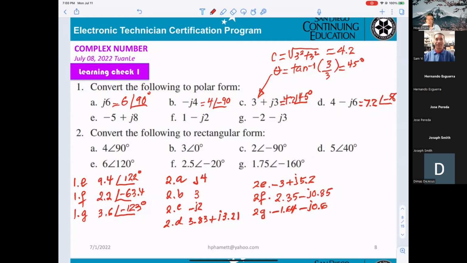Also tomorrow, I will try to help the new students with how to work with the generator and the digital scope. Okay. Do you have any question?